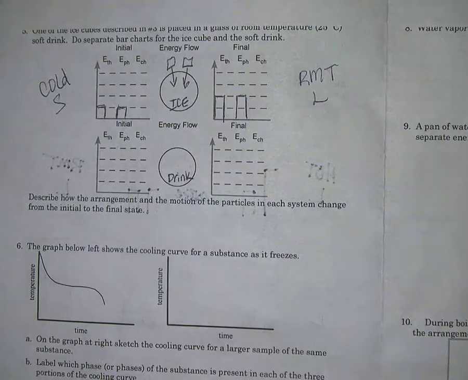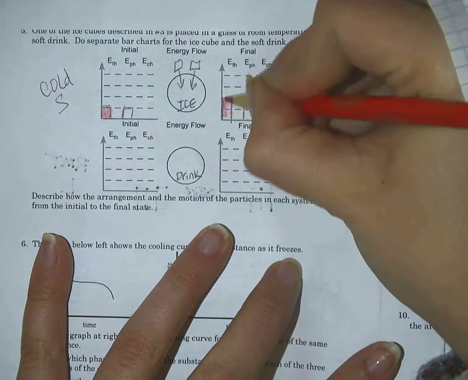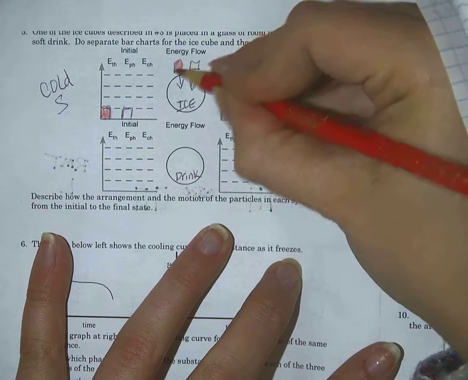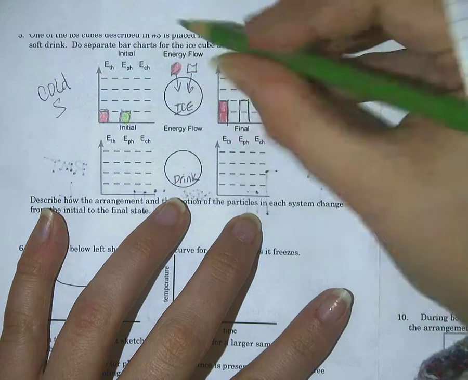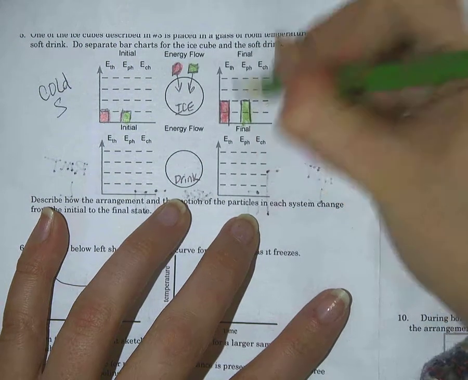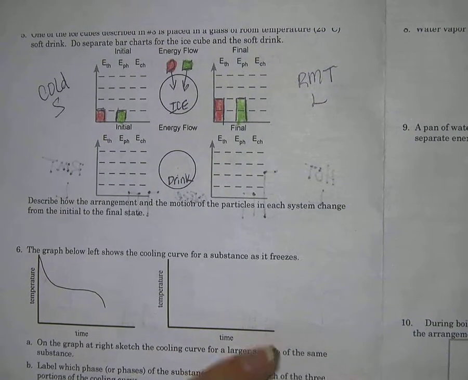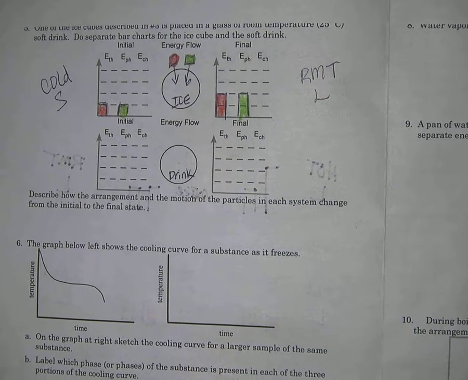So color that all in. Gaining 1 thermal and gaining 1 phase. Well, we don't have to worry about chemical because when you freeze something or melt something, phase changes are always physical.